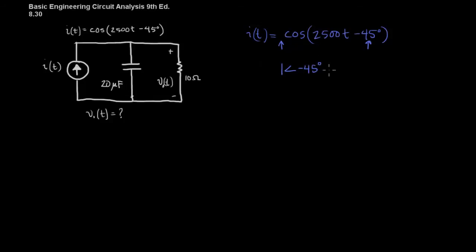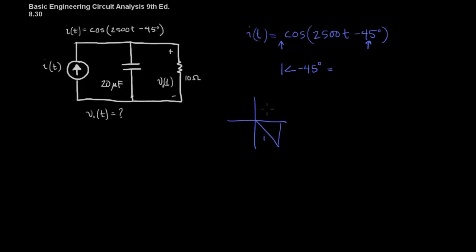Now I'm also going to go ahead and write this in complex form, which means that I'll just think about this thing on the complex plane, right? It's a magnitude of 1 and an angle of negative 45 degrees. So it looks like this, where this is 1.